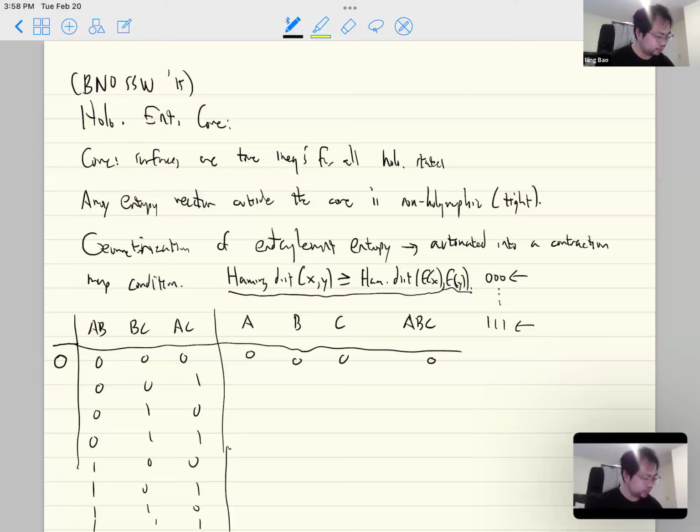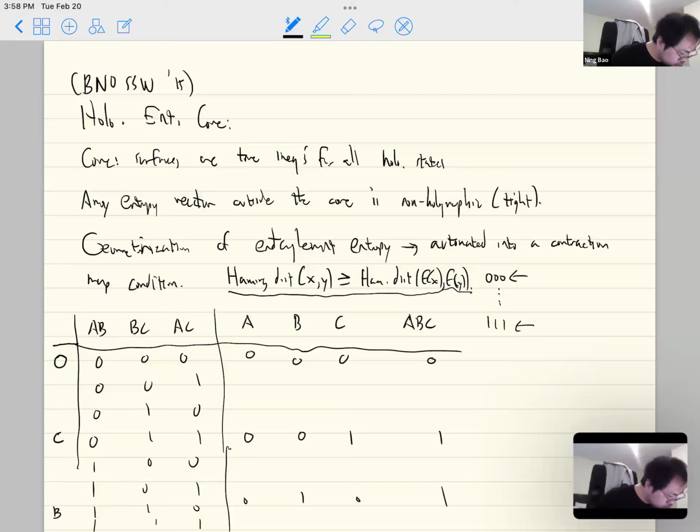And then if we have the single character region C, then it needs to be excluded by AB, included by BC, and included by AC. And on this side, it needs to be excluded by A and B, but included by C and ABC. And similarly, I think this one is B, so it's 0, 1, 0, 1. And this one is A, so it's 1, 0, 0, 1.